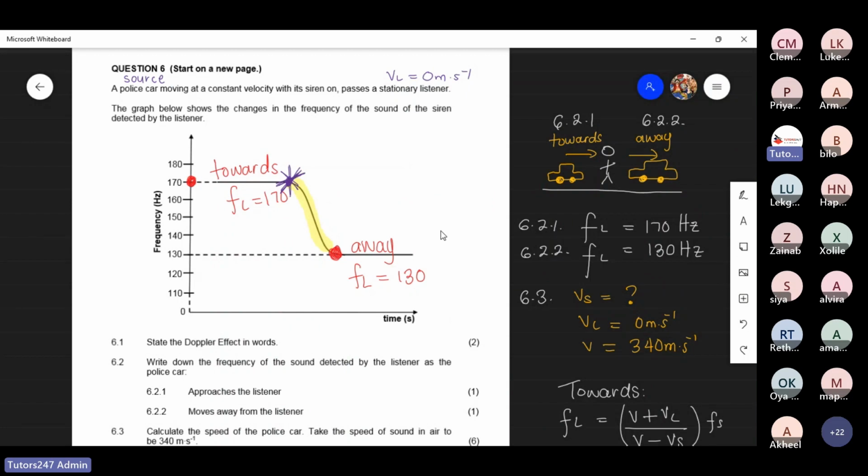That is unknown, which is why I've put a question mark. And thirdly, in question 6.3, calculate the speed of the police car, take the speed of sound in air to be 340 meters per second. So we were told the value of V: the speed of sound in air has a value of 340 meters per second.